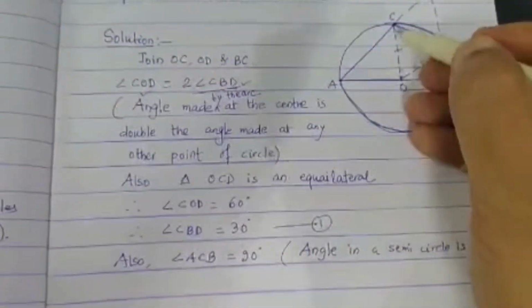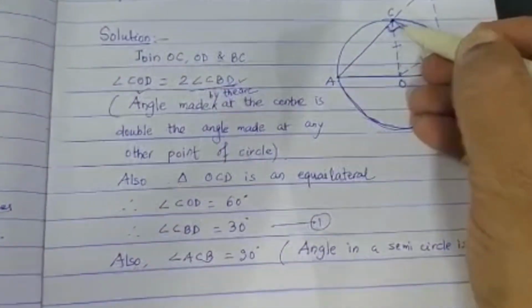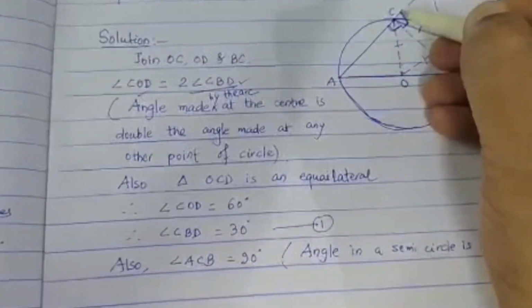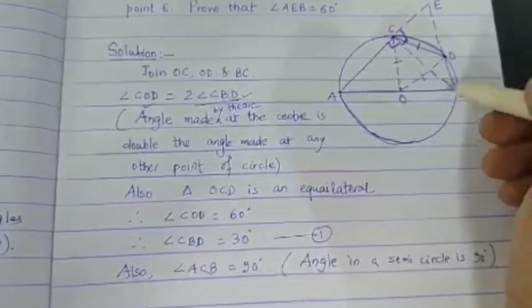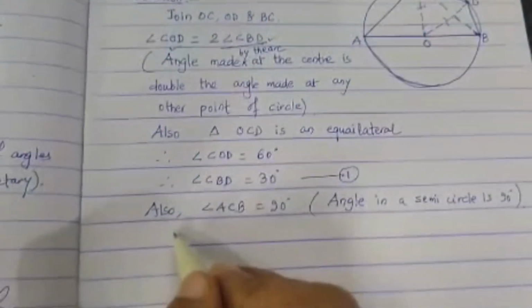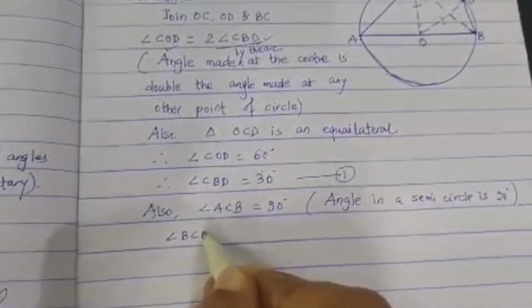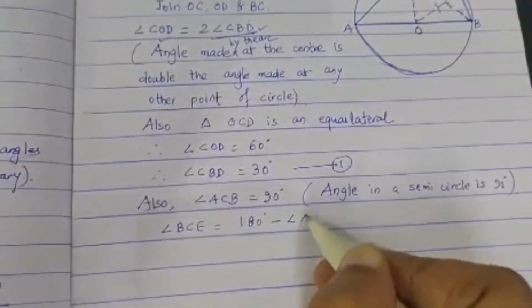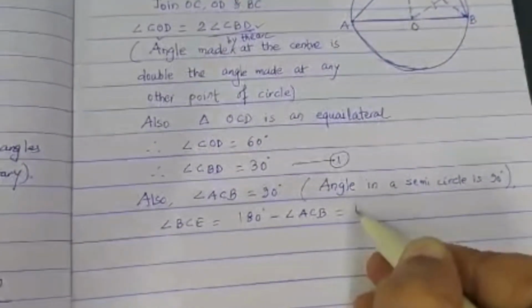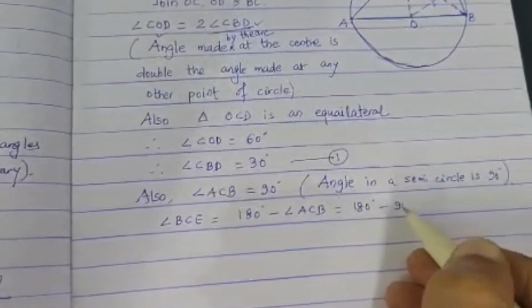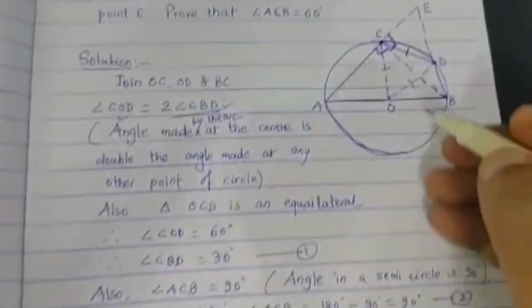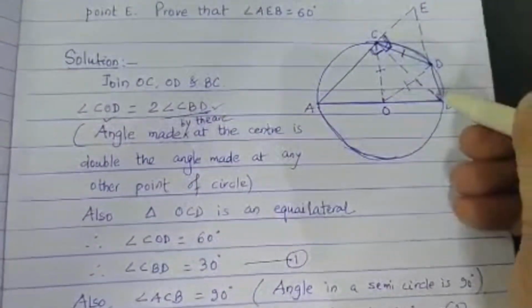Now this is 90 degrees, so angle BCE is also 90 degrees because it is making a linear pair. So angle BCE is equal to 180 minus angle ACB, that is 180 minus 90, which is 90 degrees. So this angle is 90 degrees and this angle is 30 degrees.